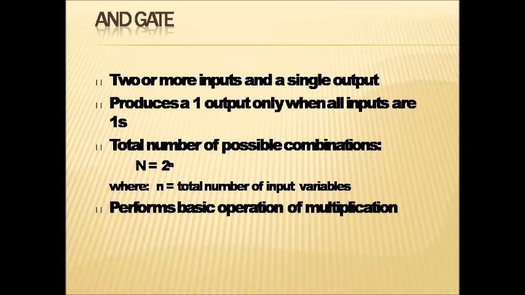Suppose 3 input variables are there, 2 raised to 3 gives 8 values in the truth table. So in the case of an AND gate, it will produce 1 only when all the inputs are 1s. We can understand this AND gate as equal to the basic multiplication operation.